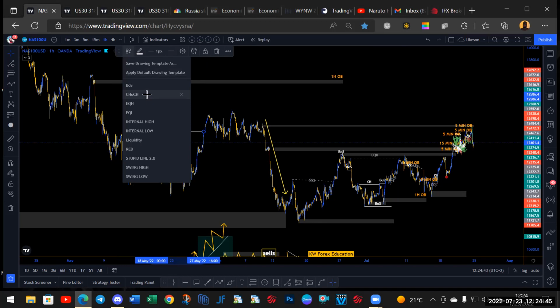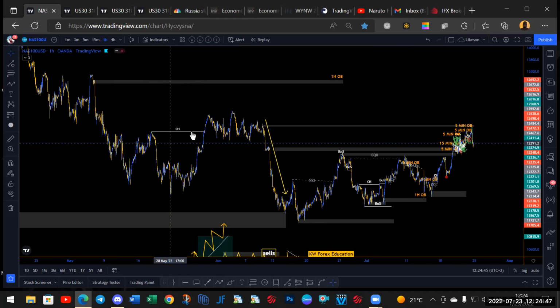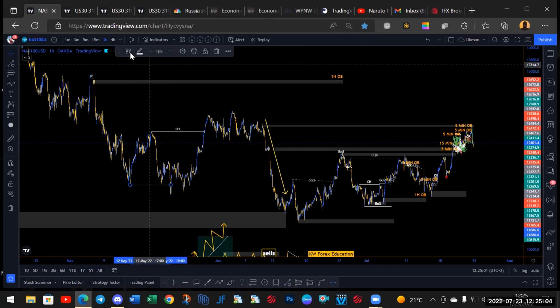So here it made that change of character because this was our recent high in this downtrend. This was our recent high that caused this break of structure to the downward, right?